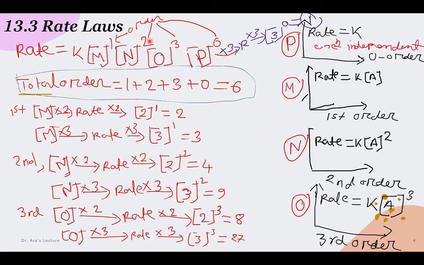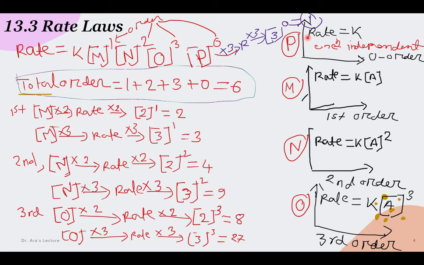N has exponent 2, second order. Concentration of O has exponent 3, third order. Concentration of P has exponent 0, zero order. So the total order of reaction for this rate is 1 plus 2 plus 3 plus 0, equal to 6.